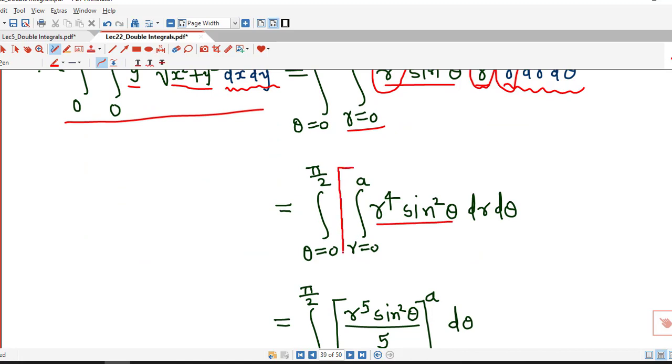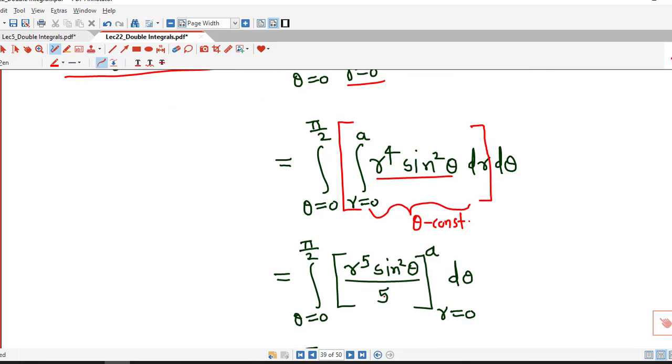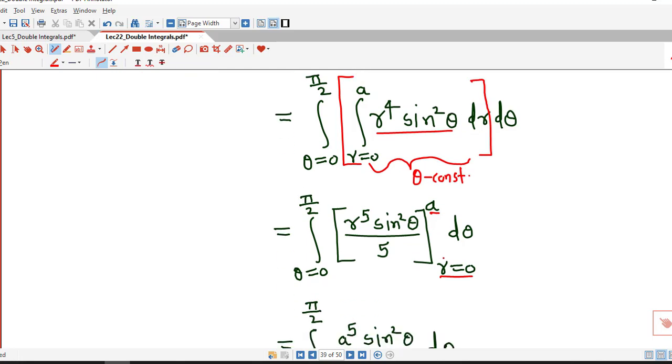Now the first integration is with respect to r, so here we will consider the variable theta as constant. So sin square theta is constant. Integral of r raised to 4 is r raised to 5 divided by 5. Limits are from r equal to 0 to r equal to a.